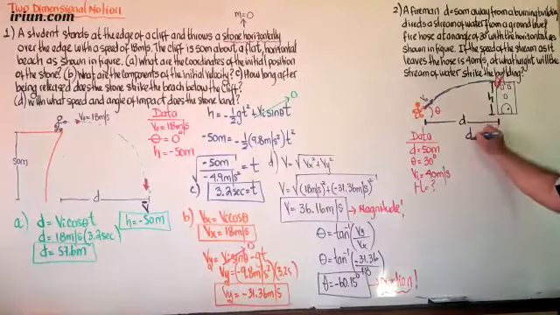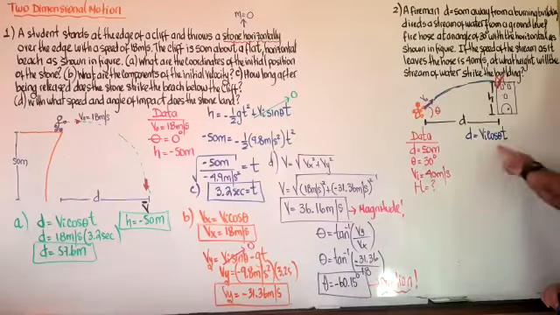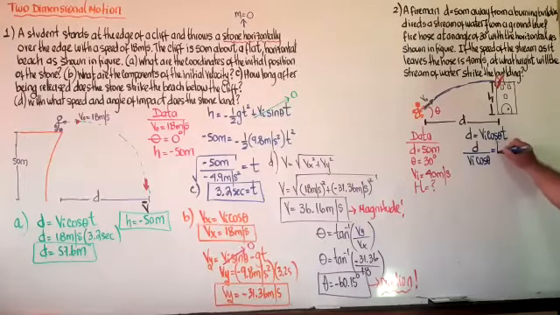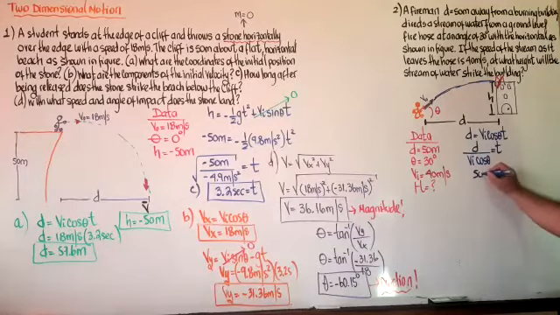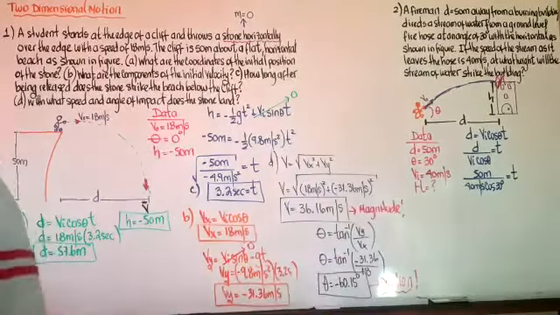We have this formula: distance equals v_i or v_0 cosine theta multiplied by time. Because we're looking for time, distance divided by v_i cosine theta will be the value of t. What is the distance? 50 meters over initial velocity 40 meters per second, cosine 30 degrees equals time. How can we perform this operation?